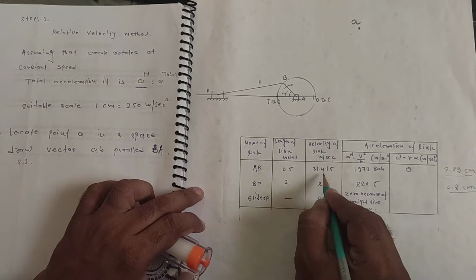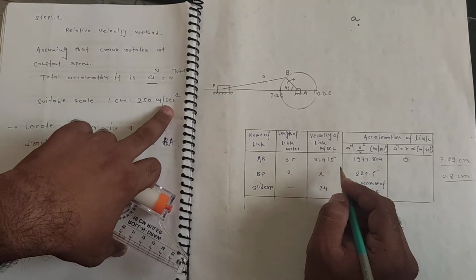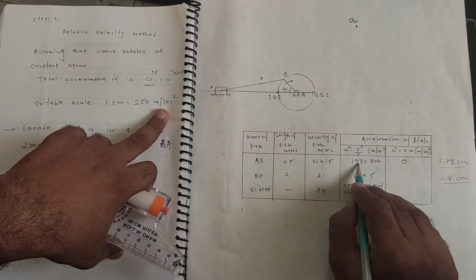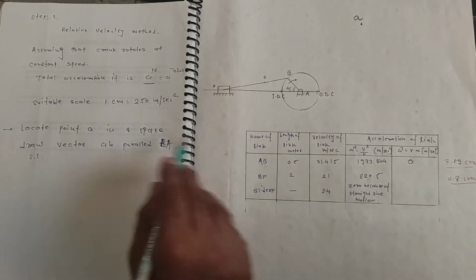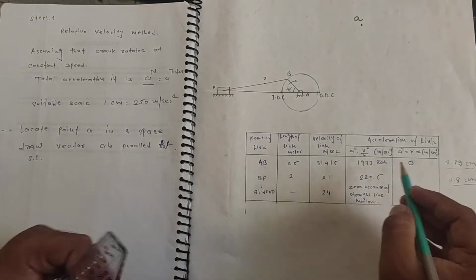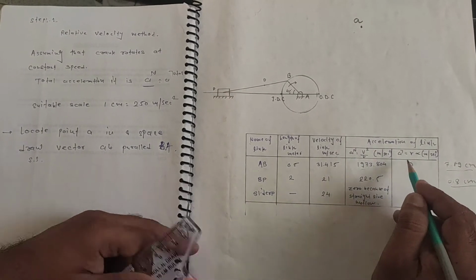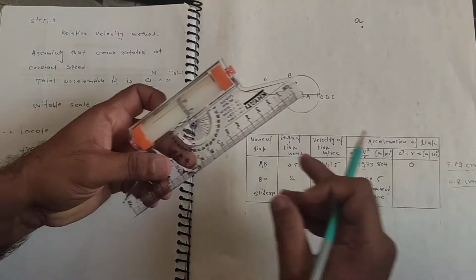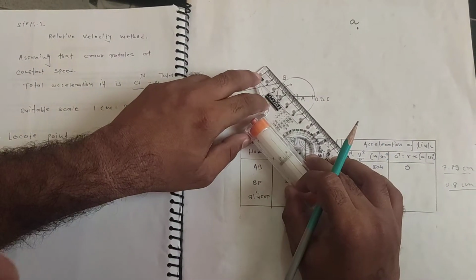By the calculation we consider 1 centimeter equal to 250 meter per second square for the representation of this line. So here we draw vector AB which is parallel to BA. We have a magnitude, which we represent by 7.8, parallel to AB. So this is the AB.